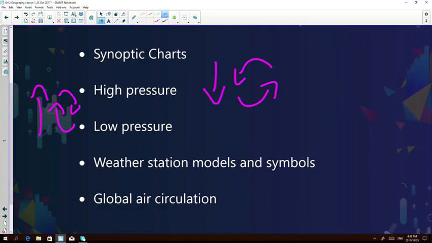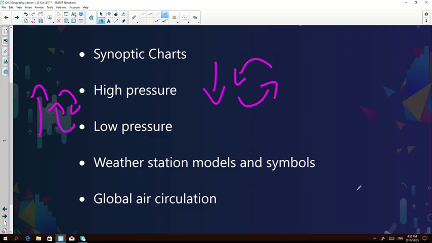And finally, global air circulation. We looked at the vertical movement of air and the horizontal movement of air. Vertical movement of air is the low pressure systems and the high pressure systems, and the horizontal movement of air is air moving from a high pressure to a low pressure.